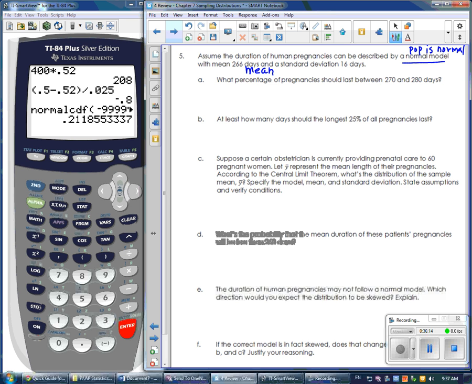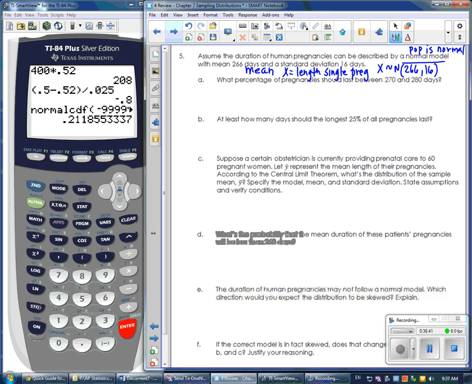So if I'm dealing with just the population, if I say, x equals the length of a single pregnancy, I called it x bar, but I meant to say x, sorry. So if x equals the length of a single pregnancy, then I can say that x is distributed normally. This is given with a mean of 266 and a standard deviation of 16.